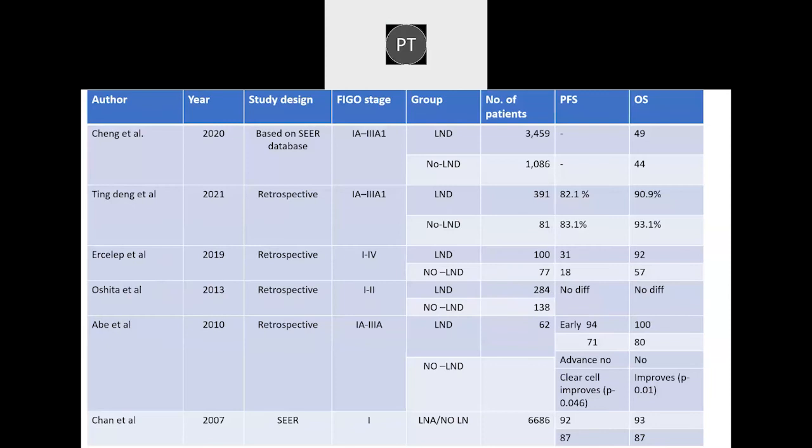So these are various retrospective and SEER database studies. Cheng et al. was done in the year 2020. It also compared lymph node dissection and no lymph node dissection. The number of patients included in both groups was similar, and there was no difference in overall survival.